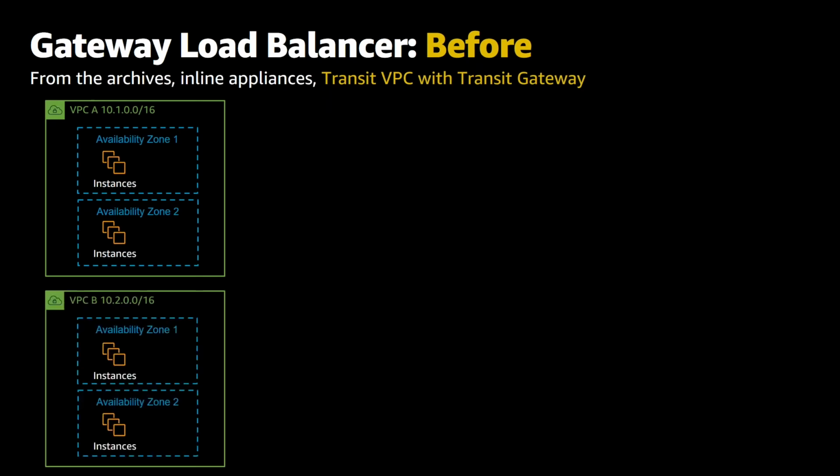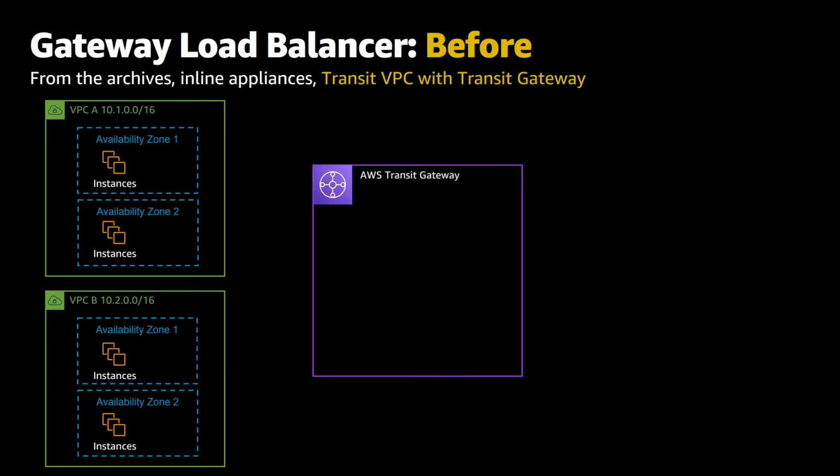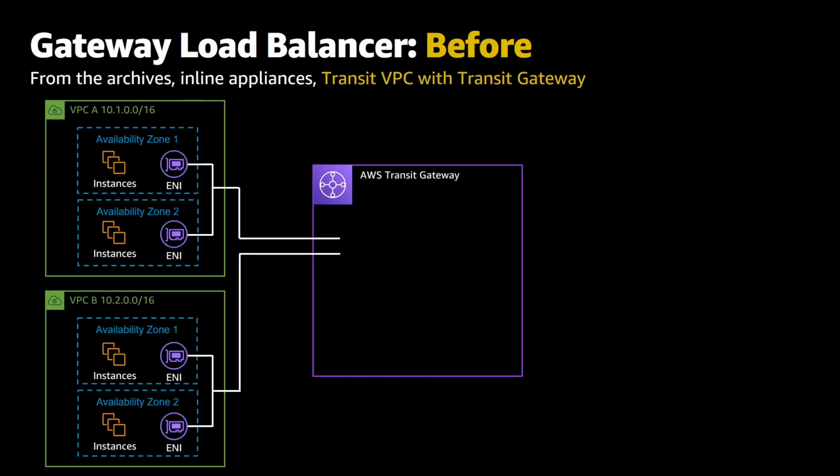With Transit Gateway, I have my VPC-A, I have my VPC-B, right? 10.100/16, 10.200/16. I have a couple of availability zones on each VPC, in this case 2. And so I have my transit gateway, right? The VPCs are attached to the transit gateway, and then the transit gateway is going to have an ENI, elastic network interface, in each availability zone.